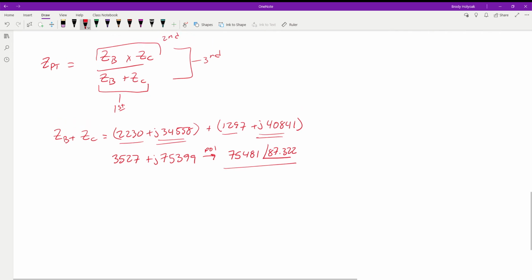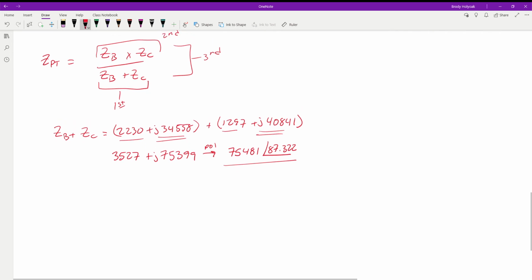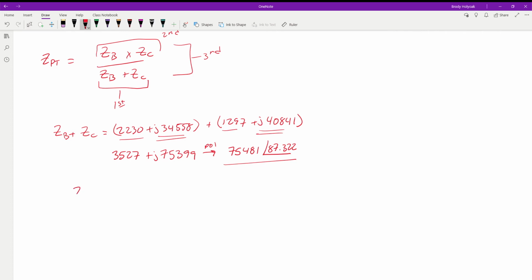So now we come back and we look, okay, we got our first value, now let's do our second value. So now we need to take our impedance of branch B multiplied by impedance of branch C. So that's going to be 34,630 at an angle of 86.308 multiplied by 40862 at an angle of 88.184.